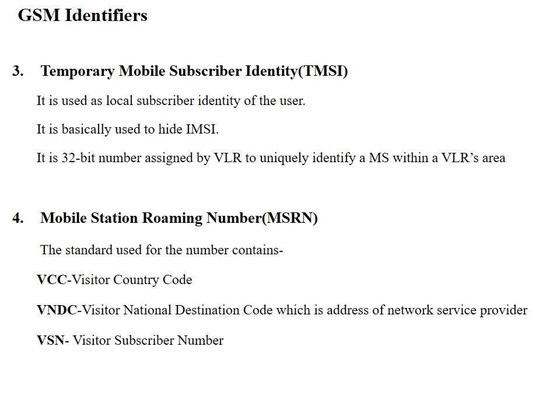It is a temporary identity given to the mobile subscriber when it changes location. The standard used for the number contains VCC, visitor country code, VNDC, visitor national destination code, which is the address of the network service provider, and VSN, visitor subscriber number.